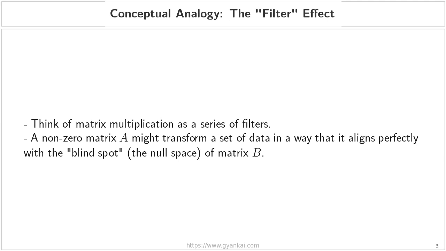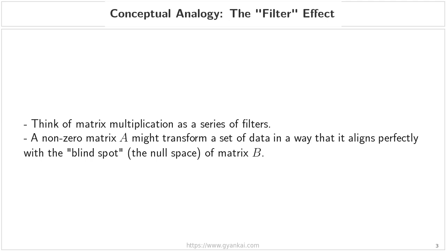Conceptual analogy, the filter effect. Now, to help you visualize why this phenomenon occurs, let's use a conceptual analogy. Think of matrix multiplication not just as a calculation, but as a series of filters. Imagine that matrix A acts as the first filter. It takes a set of data and transforms it.